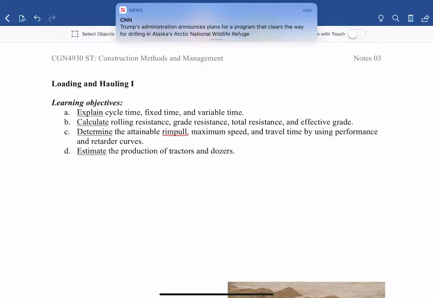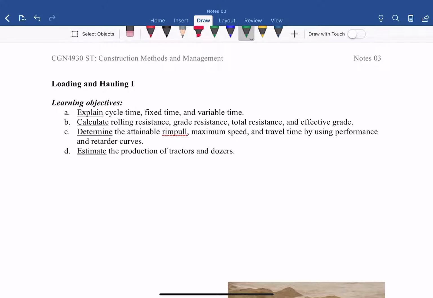So let's start with the first objective, the cycle time, fixed time, and variable time.